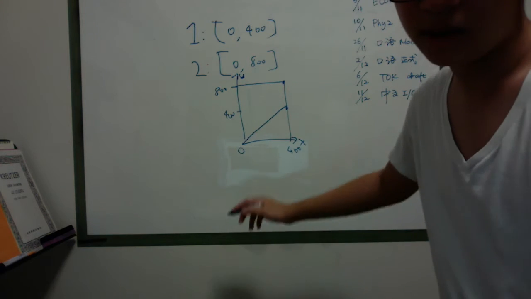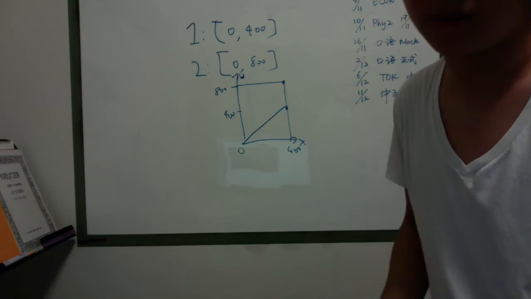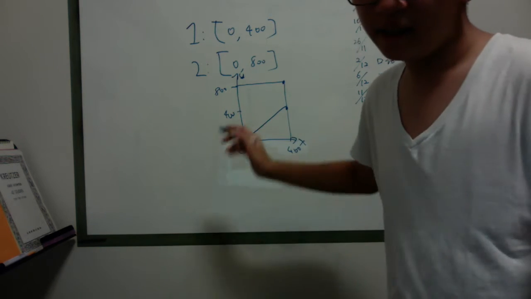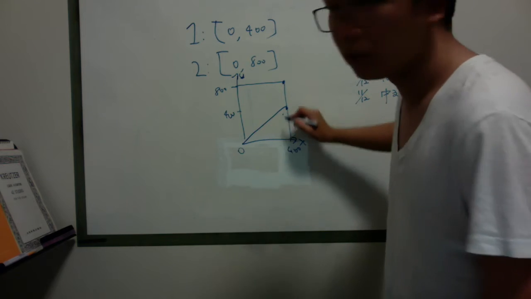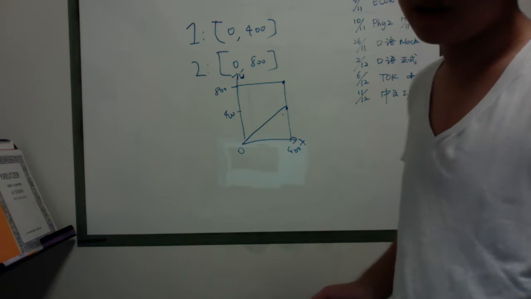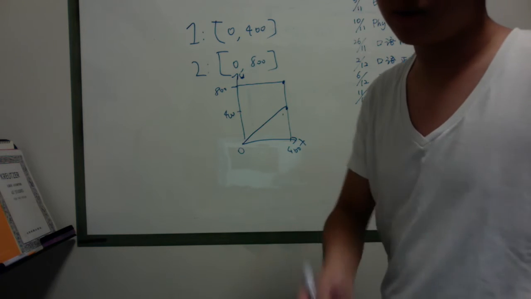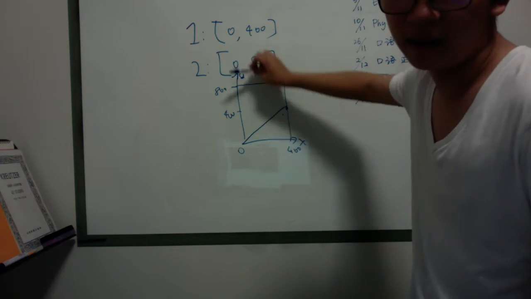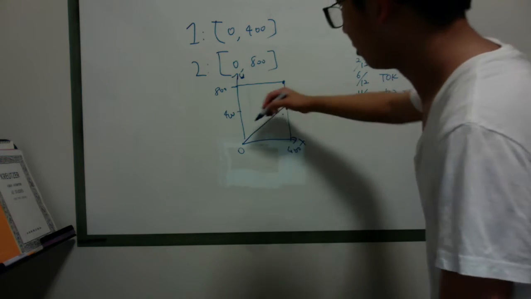This line represents when person 1 chooses the same number as person 2. Any point below this line represents person 1 choosing a bigger number than person 2, which is not what we want, because we want person 2 choosing a bigger number than person 1. So any point above this line is going to be the probability we're looking for.